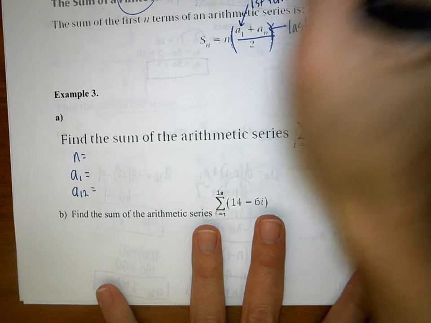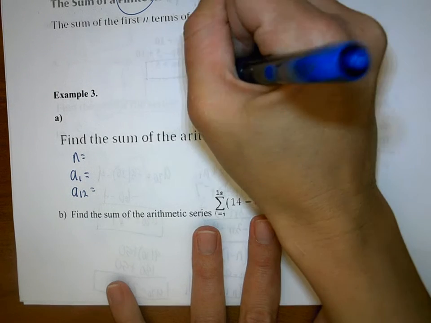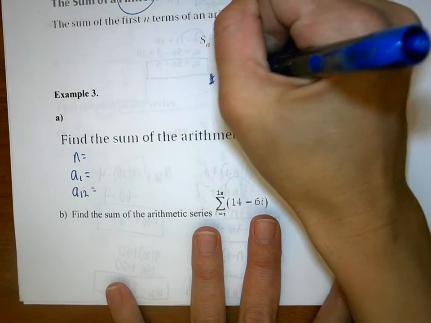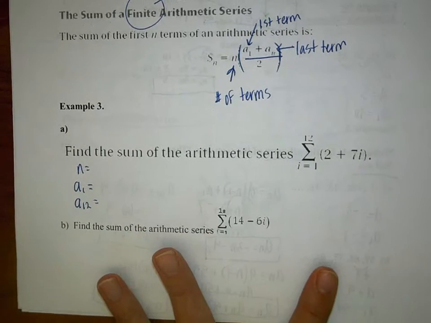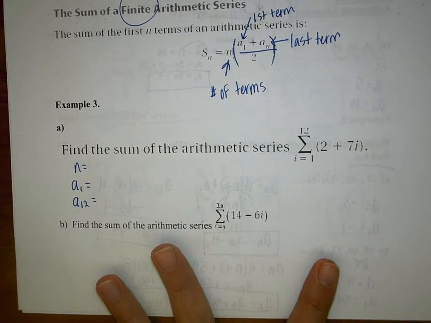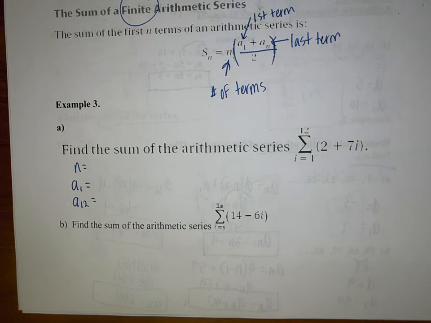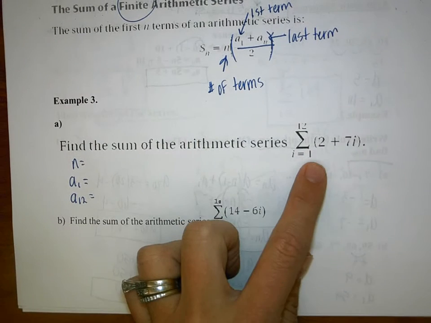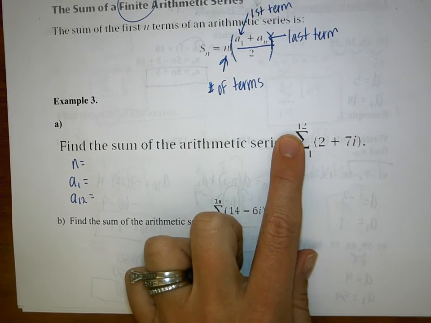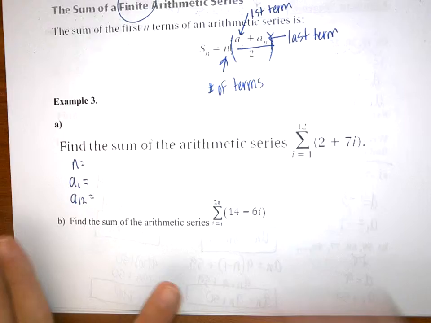And this is your number of terms. Is the number of terms the same as the last term? No. Because n represents the number of terms. So example here, it starts at 1 and goes to 12, so there's 12 terms. So n is 12.